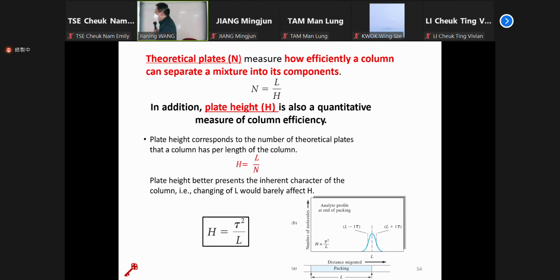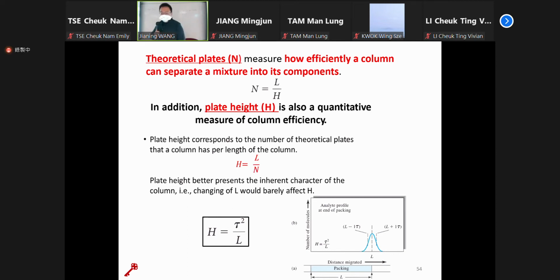So if we get a small H for a column of a certain length, then the column has a bigger number of N. Also, it has better efficiency.